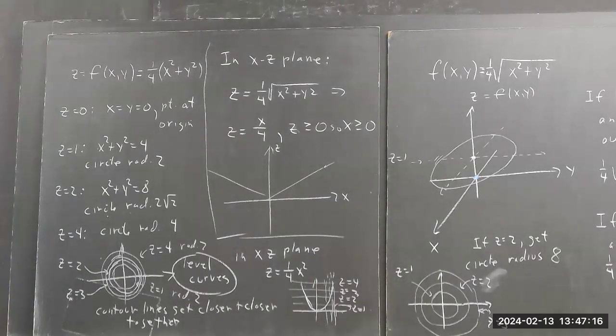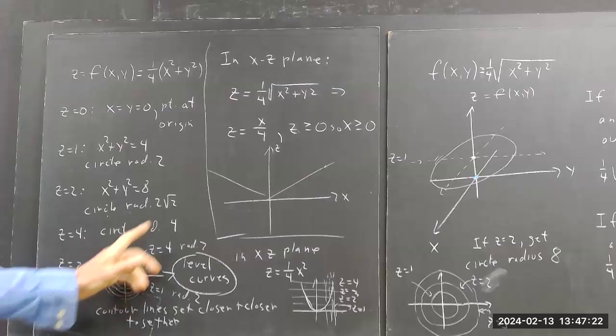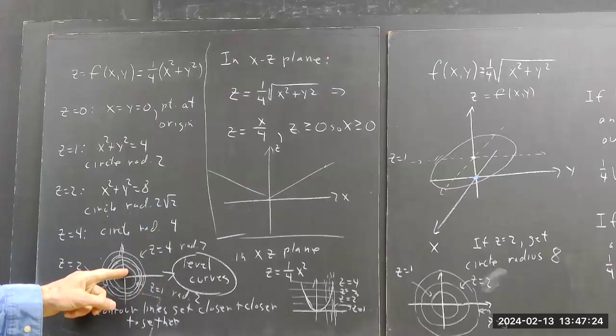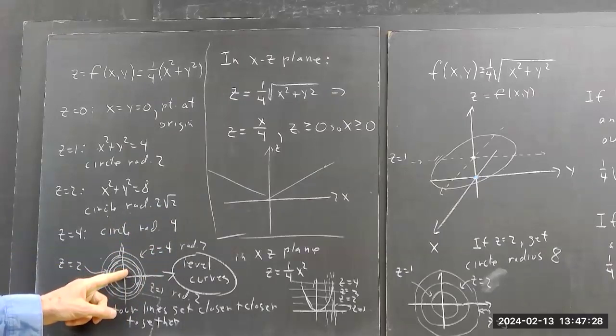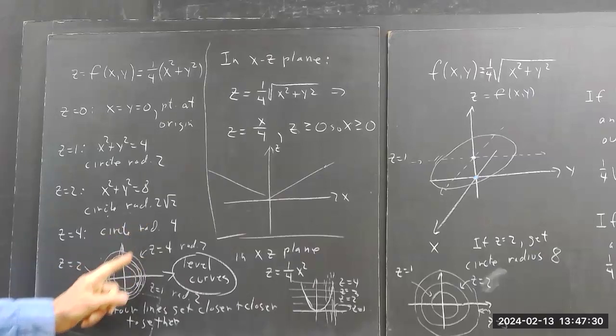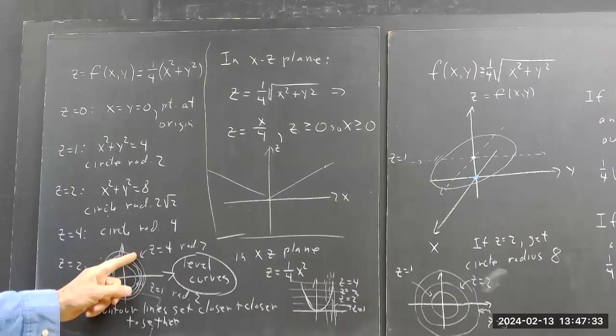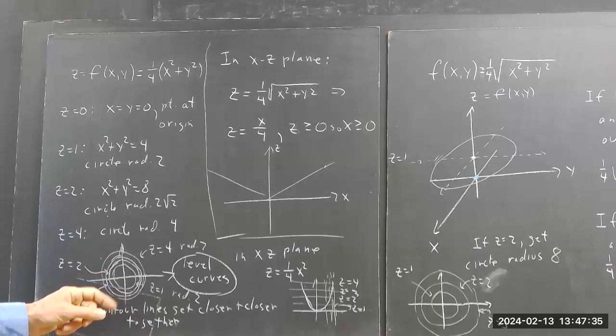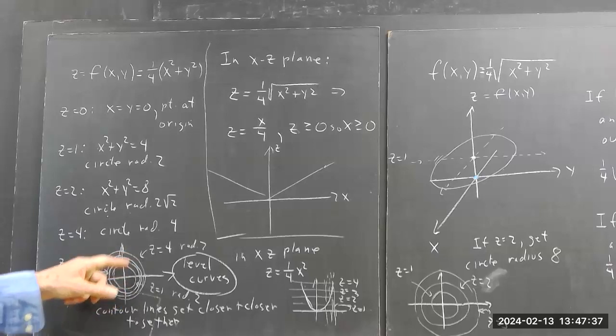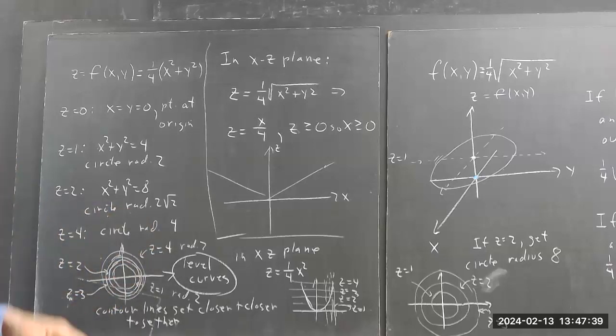Now, there's a lot I can say about level curves. One of them is, if we move out radially, this thing increases most quickly. By moving out radially, in 2 units of radius, Z is going to change by 4.